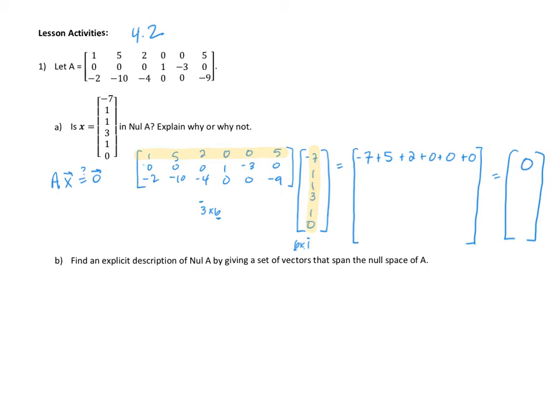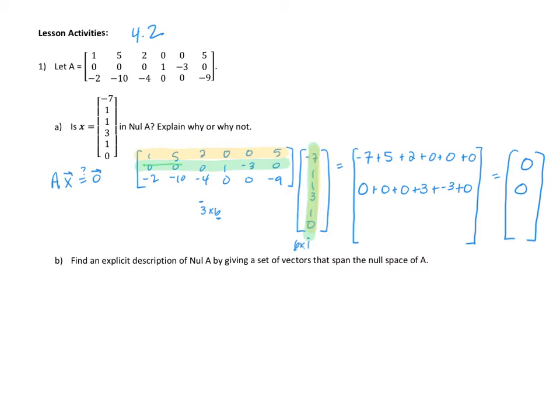Now I'm going to do the second row of my matrix times my vector. So 0 times -7 plus 0 times 1 plus 0 times 1 plus 1 times 3 plus -3 times 1 plus 0 times 0. And that does give me 0.